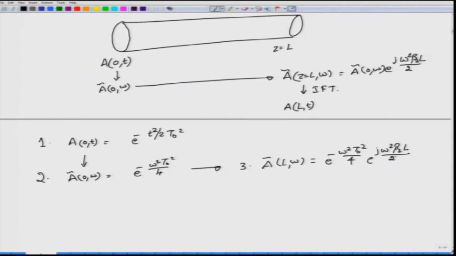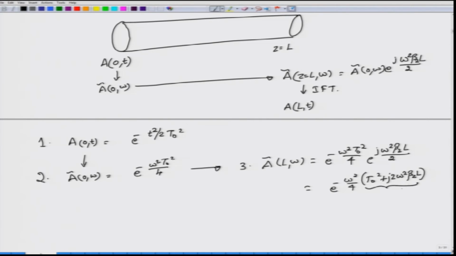Before taking that, let us simply rearrange the equation here. The right side can be rearranged as e^(-ω²/4) times (t0² + 2jβ2L).